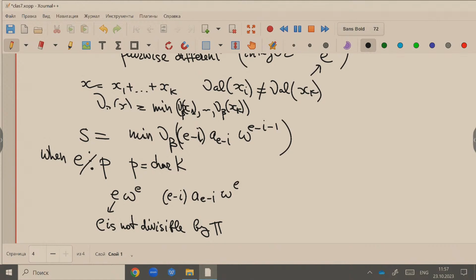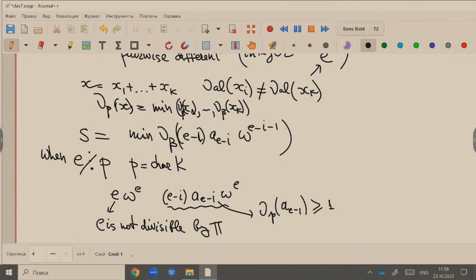Notice that if you have characteristic P, and e is not divisible by P, and you consider this kind of element, then you see that for these coefficients the valuation of P is at least greater or equal than 1.